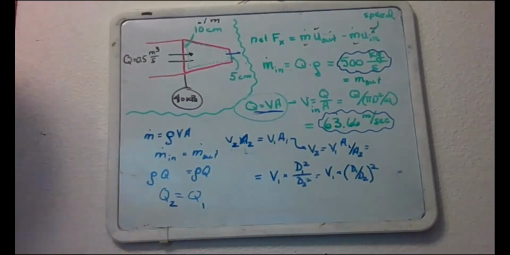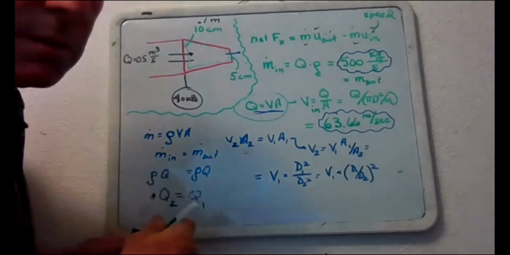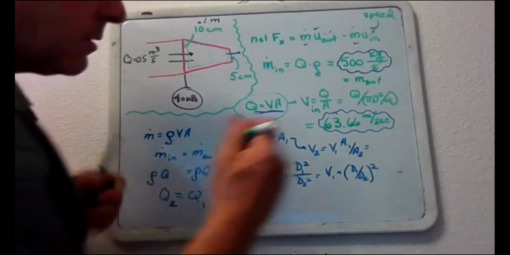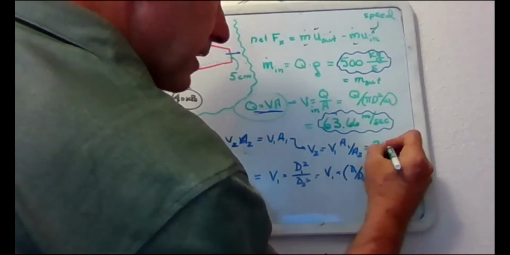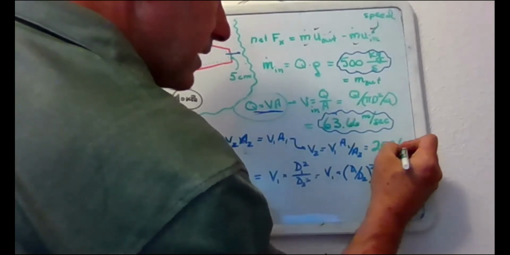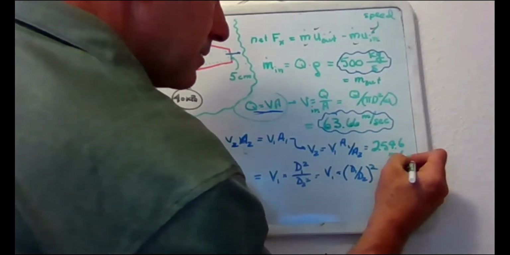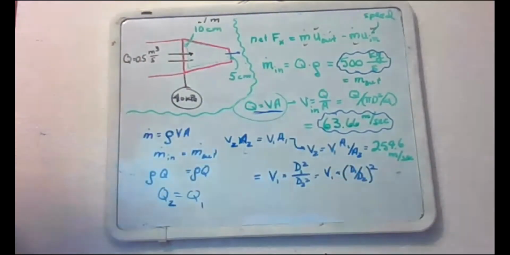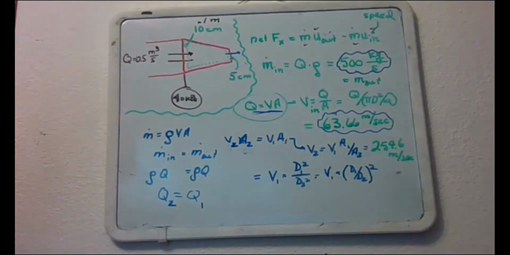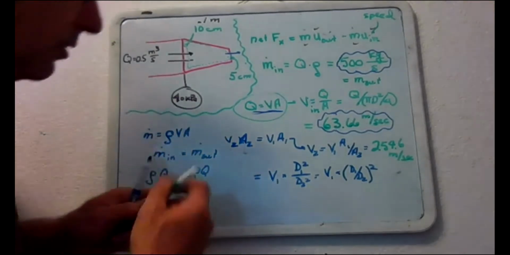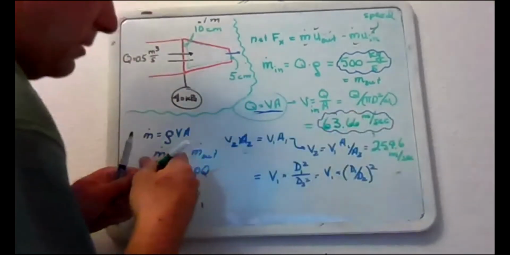It's going to be huge, by the way. So I forgot to pause, that's okay. 254.6 meters per second. And it's 4 times as big. Hopefully you saw the math actually worked out that way. Okay, good.